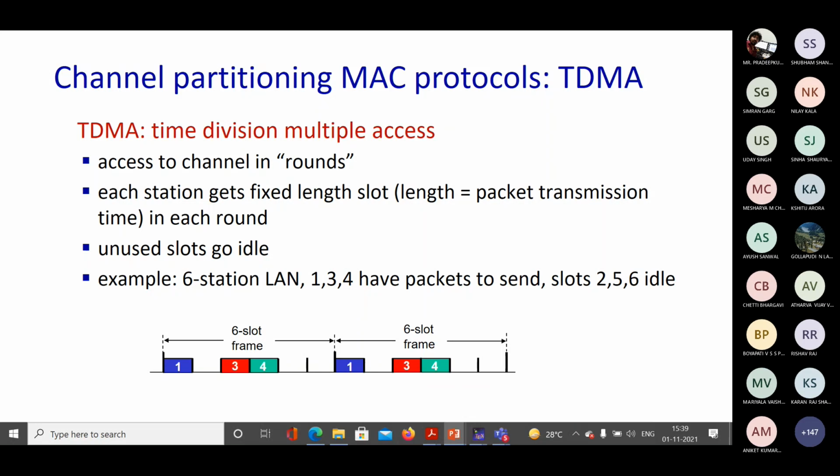So what happens in this case? Access to the channel is given to any node in rounds. It is simply like what we have in our different round robin policies.